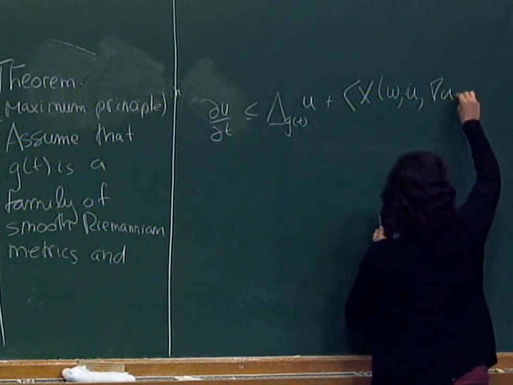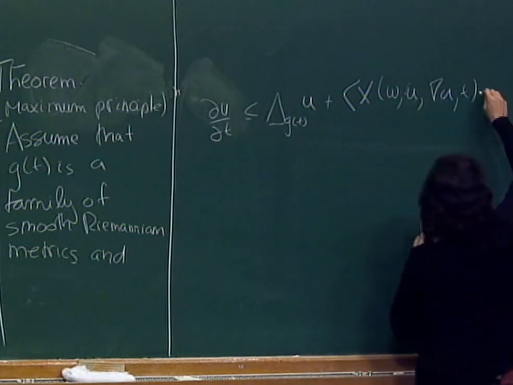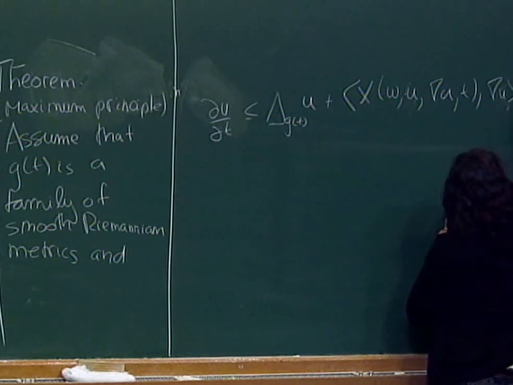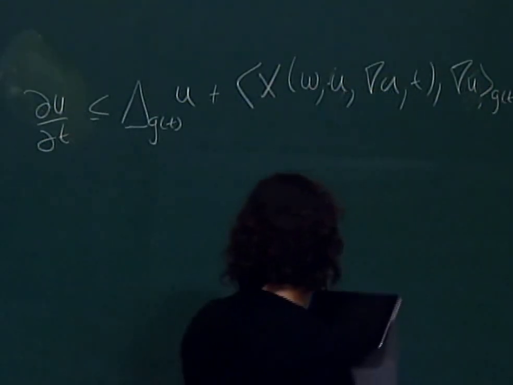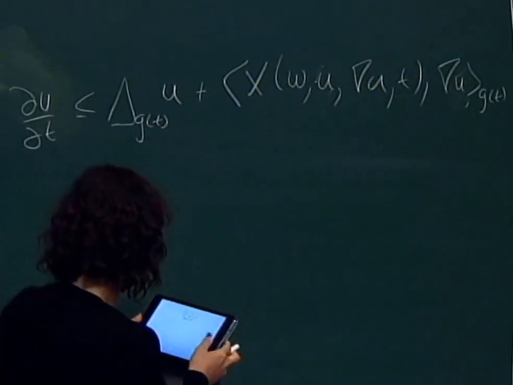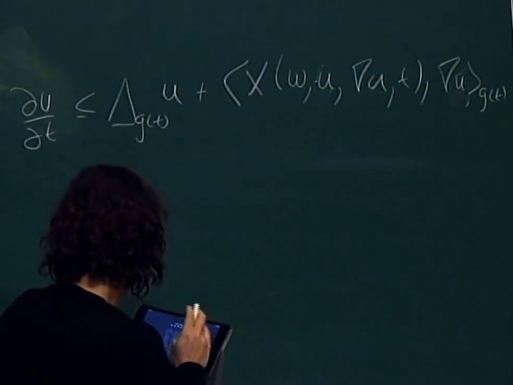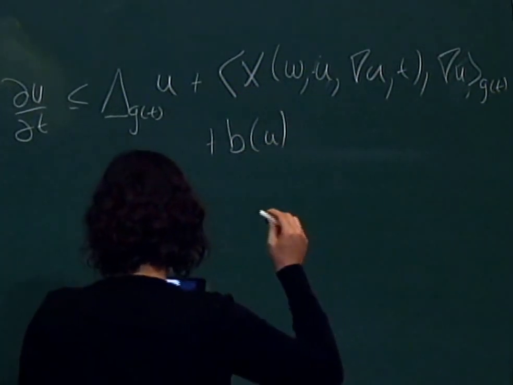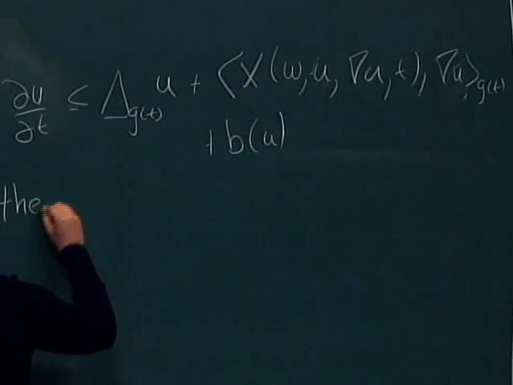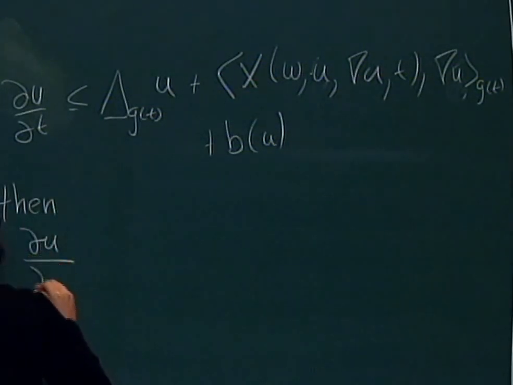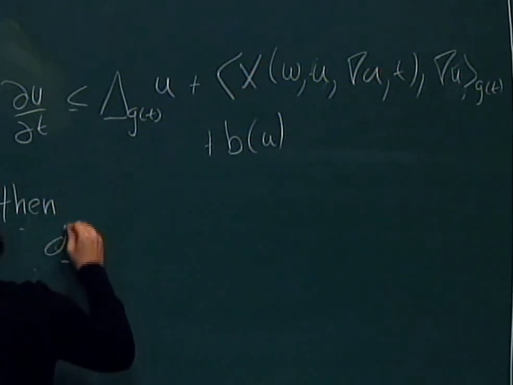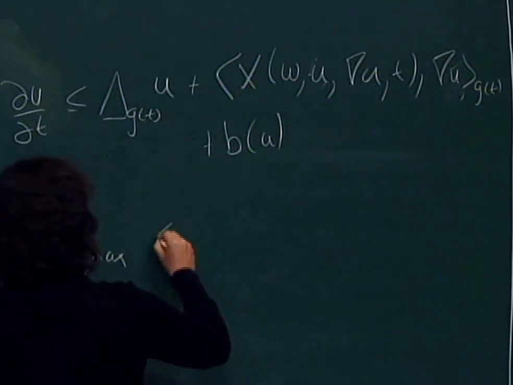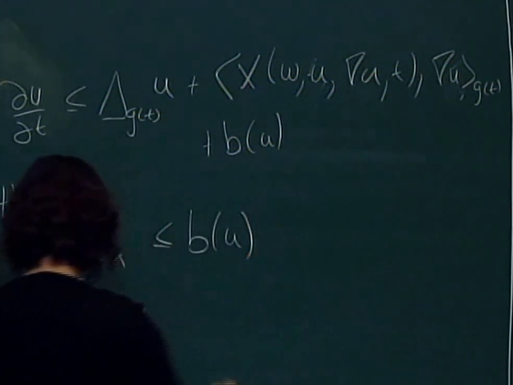You can have t here also, and the gradient of u. Here I wrote it this way, but it doesn't really matter too much. I mean, these are terms that have the gradient of u somehow, b of u. Then u max of t derivative is less or equal than b of u.